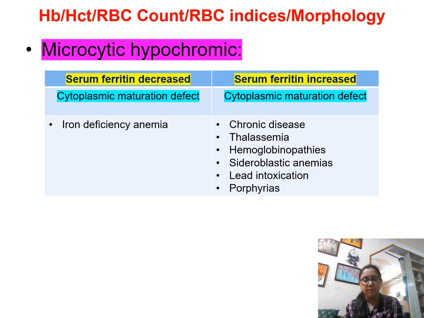Then our third type morphologically is microcytic hypochromic anemia. So serum ferritin levels देखते हैं, अगर वो decreased है, cytoplasmic maturation defect, it goes in favor of iron deficiency anemia. If serum ferritin is increased, we have different disorders like chronic disease, thalassemia, hemoglobinopathies, sideroblastic anemia, lead intoxication and porphyrias.